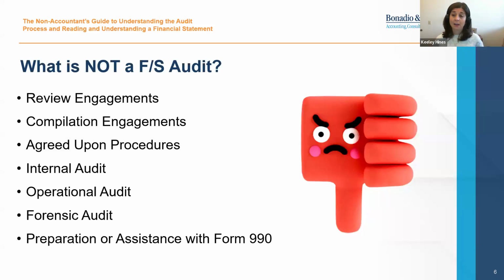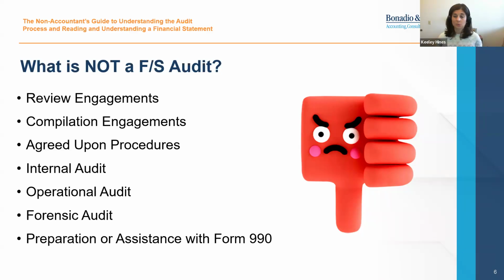So you may have a review performed, which is lesser in scope than an audit, with less testing and less rigor, of course. It also means that the third-party independent reviewer is not looking at the same volume, and maybe not to the same level of detail, as a full scope audit.